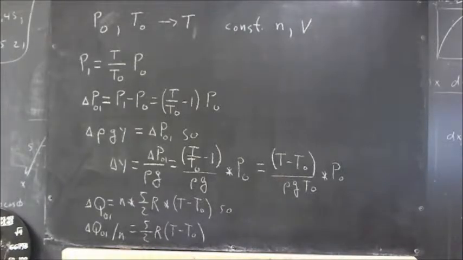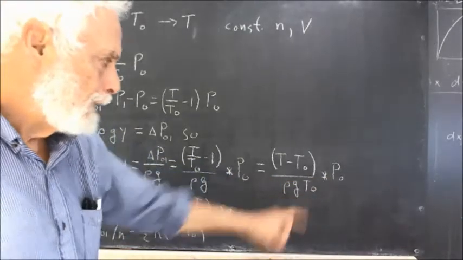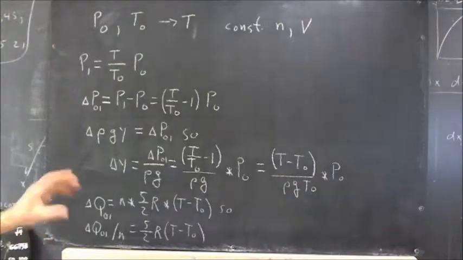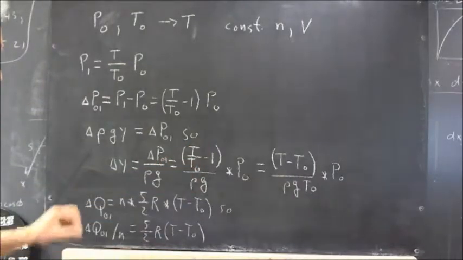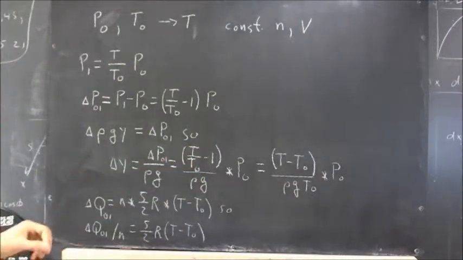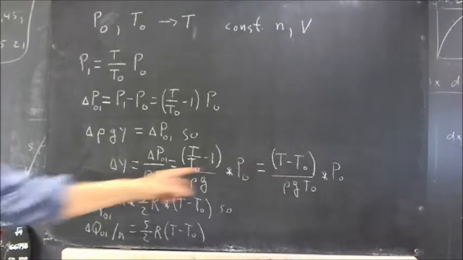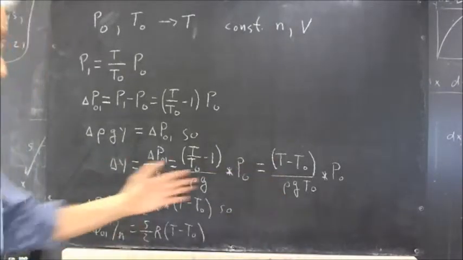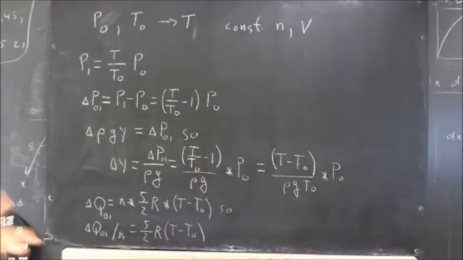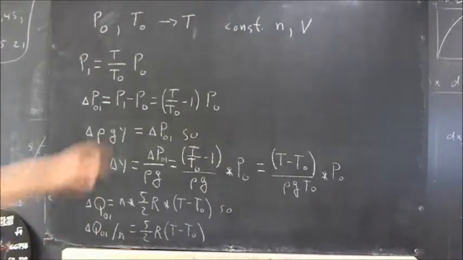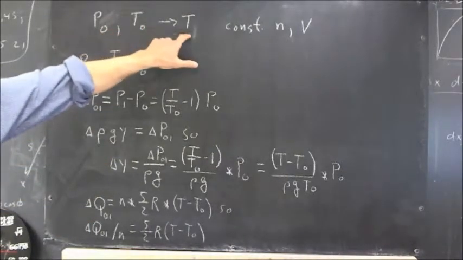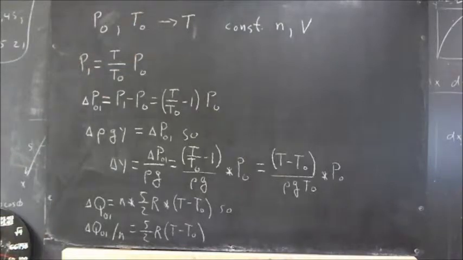Okay? So you should be able to make sense of this in some way. The better sense you can make, the better off you'll be, of course. Okay. Well, anyhow, that is your delta y. That is your expression for delta y, and that's going to work for any system that goes from a temperature T naught to a temperature T under these conditions, starting with P naught, etc.